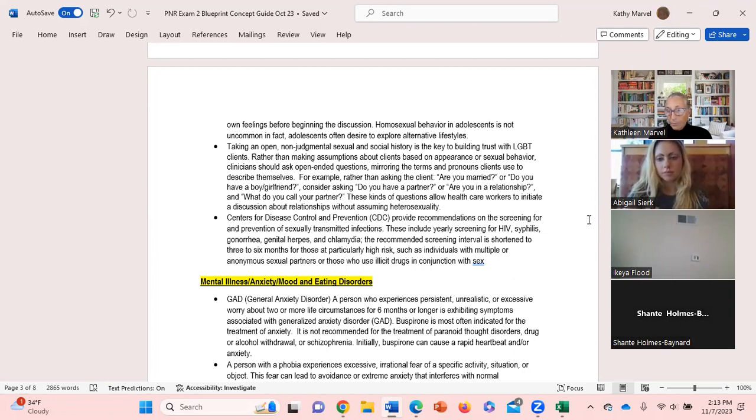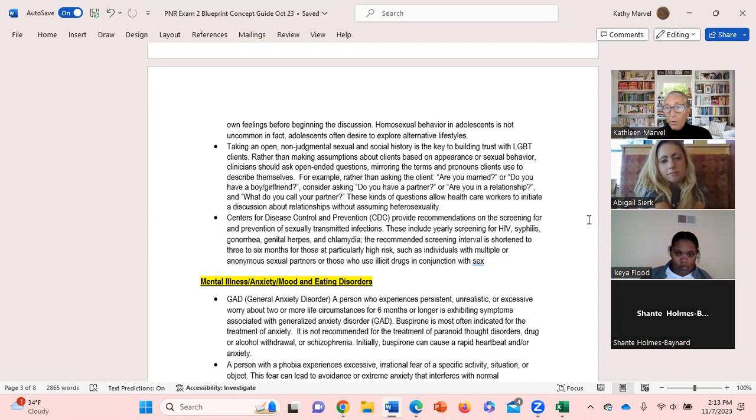You can ask them if they're in a relationship or if they have a partner. Versus what? Are you married? Do you have a boyfriend? Do you have a girlfriend? How do you ask those questions in a non-judgmental way? You could ask them what they call their partners. Exactly. Right. Culturally competent care.